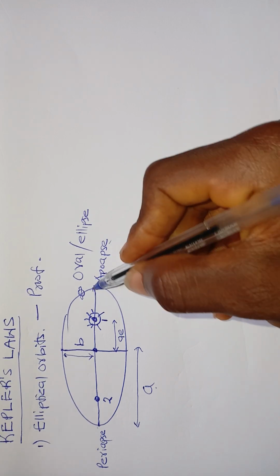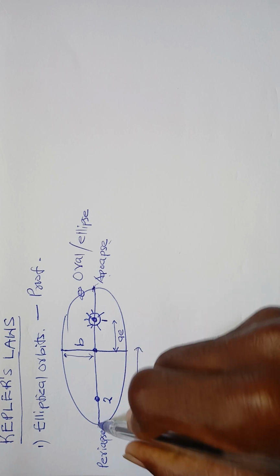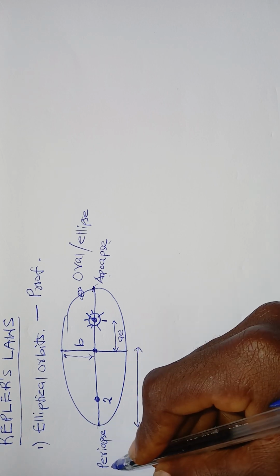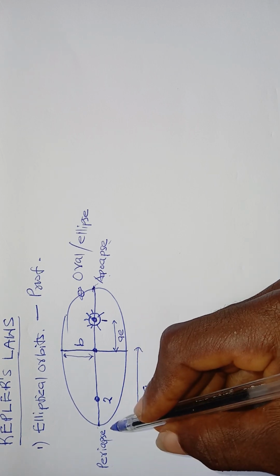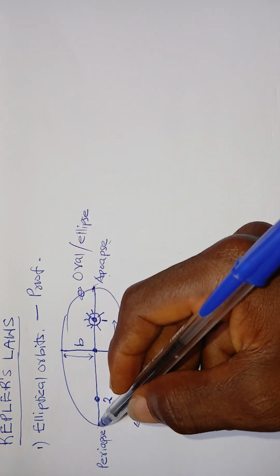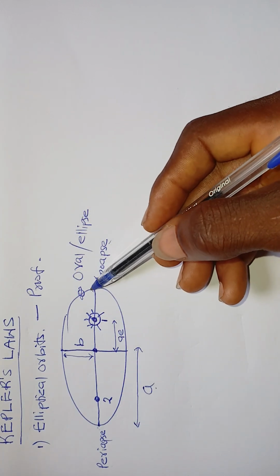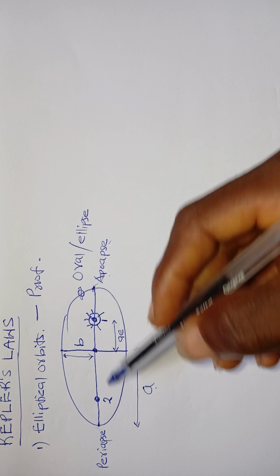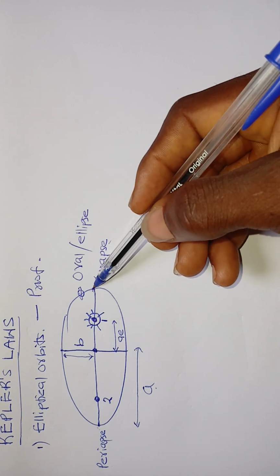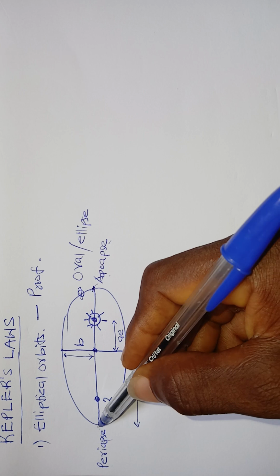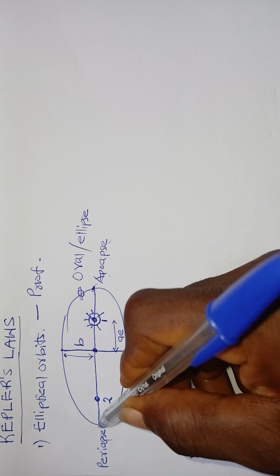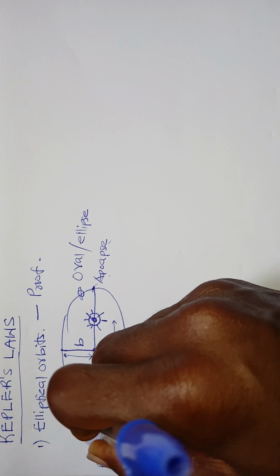And if the planet happens to be farthest from the sun here, we call that position apoapse. If it is the earth, we call it perigee and apogee. If it is the sun, we call it aphelion and perihelion. Helion means sun. G or geo means earth.